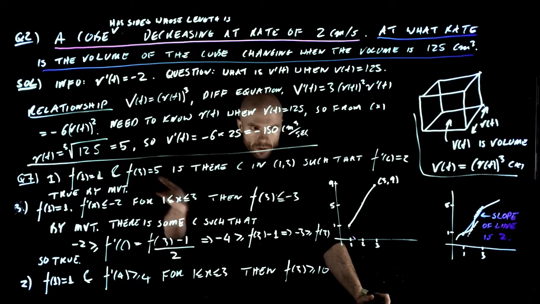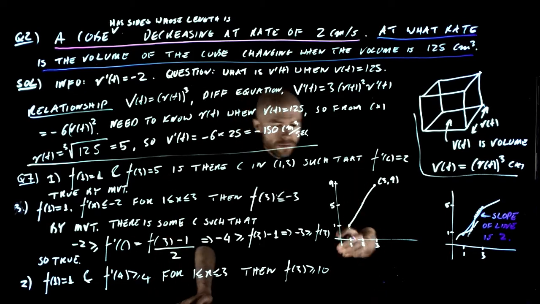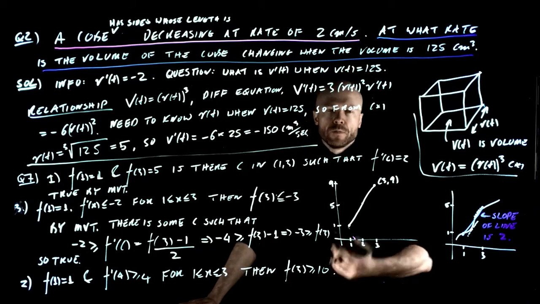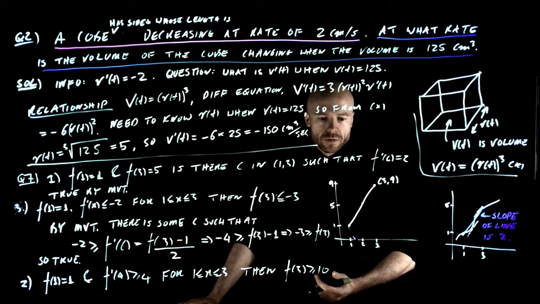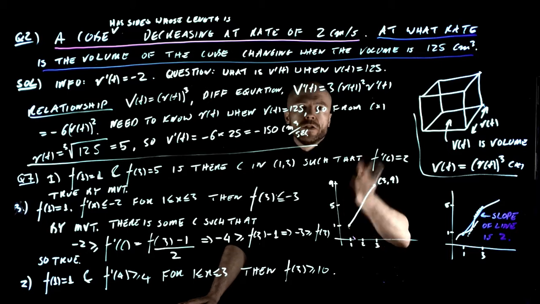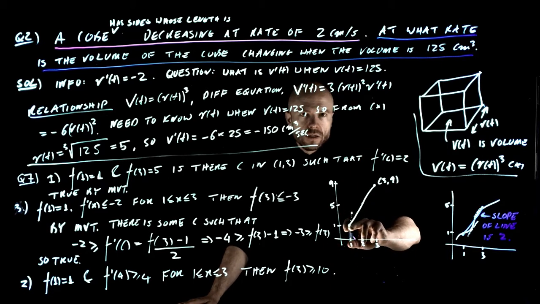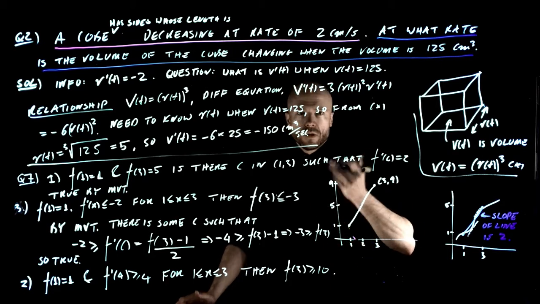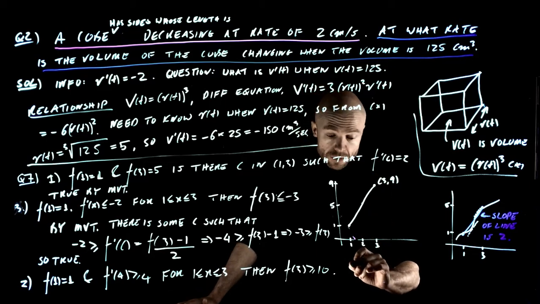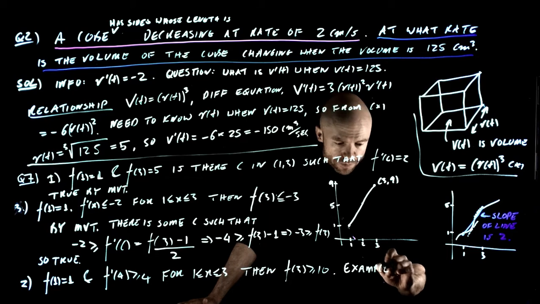It's got slope 4. If you're in any doubt about it, just use the language of math to further clarify the situation. We can describe a function that has slope 4 and goes through 1, 1, and this is how we create a tangent line.